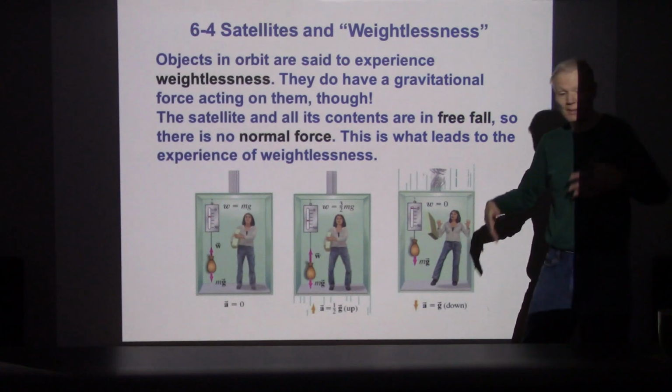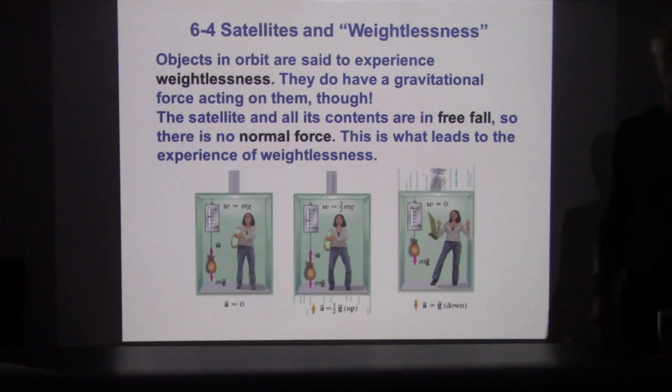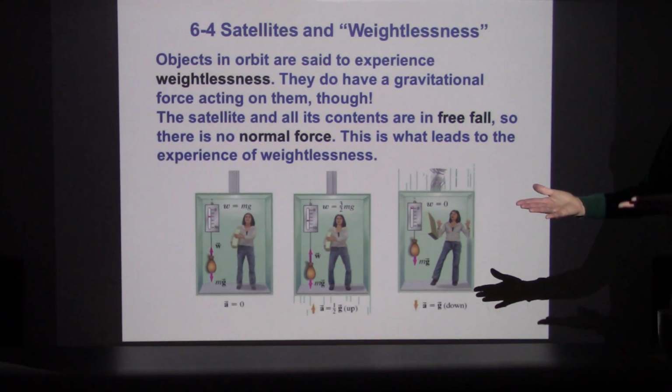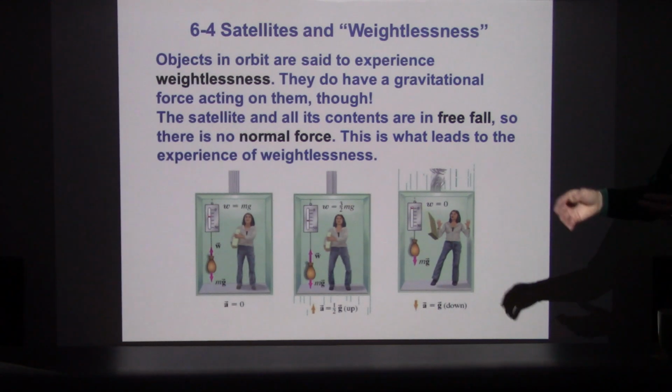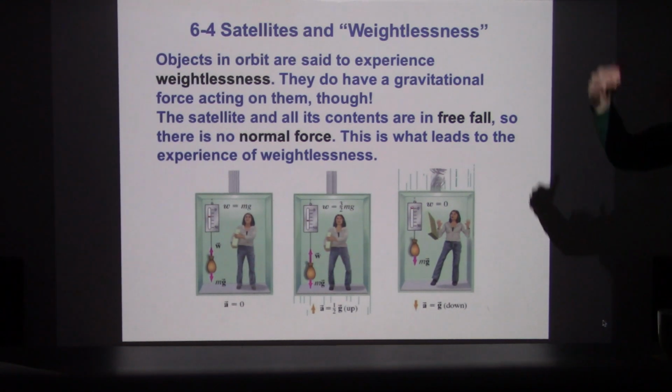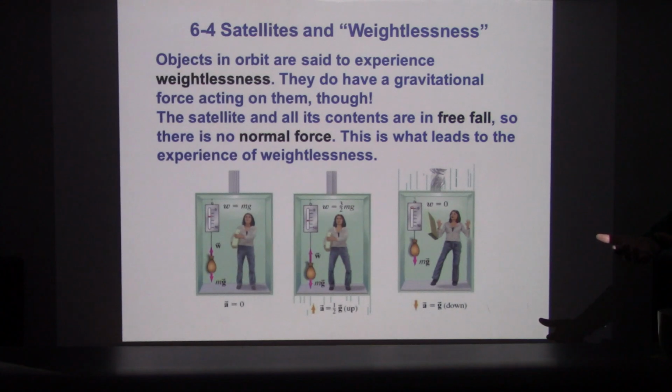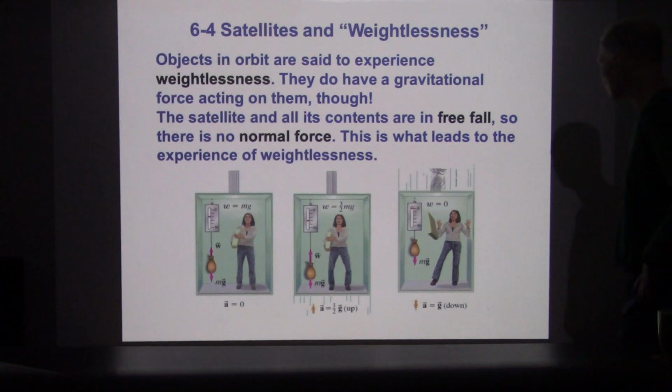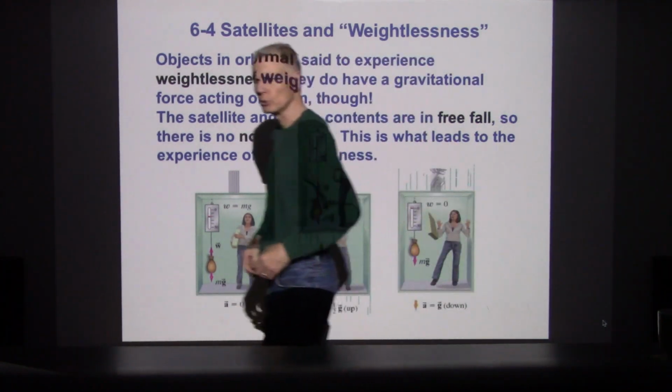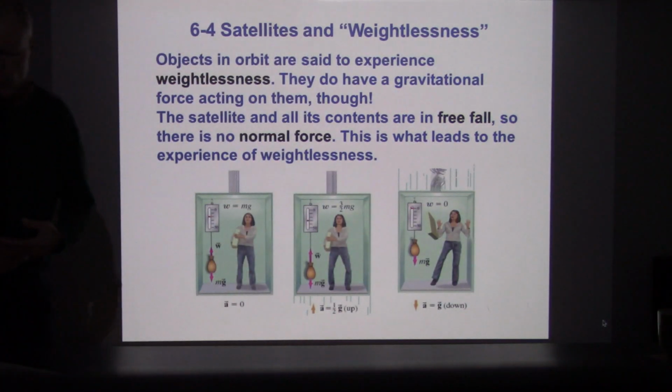The person is not necessarily standing on the floor anymore. If there's a bathroom scale, the bathroom scale could separate from the floor as the elevator and the scale both free fall. The person's going to weigh nothing if we're thinking in terms of normal force. So the normal force supporting the person would drop down to be 0.